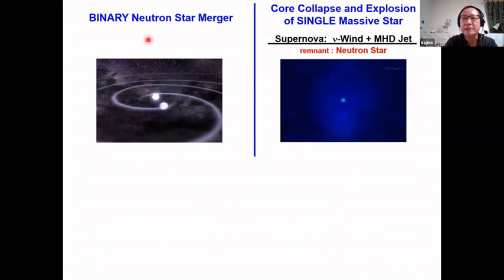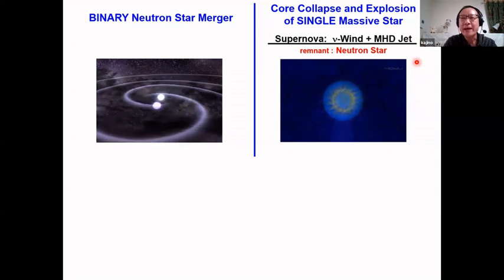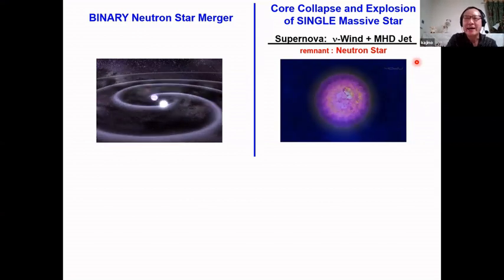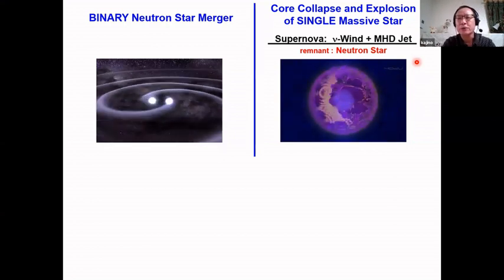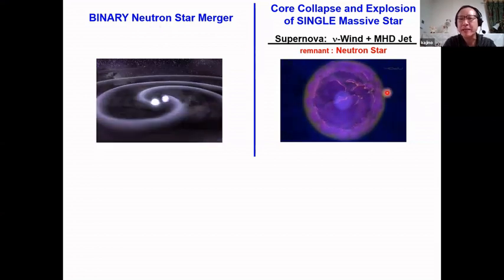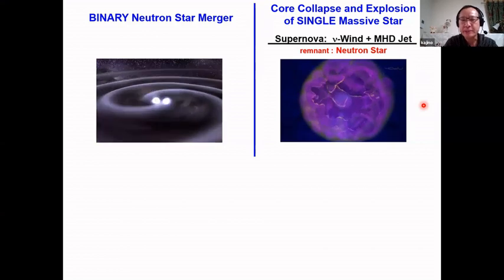But of course, supernovae have been our main targets to study in the last quarter century. Now we have two lineups of possible sites, but quite recently, there is another possible site, the collapsar.